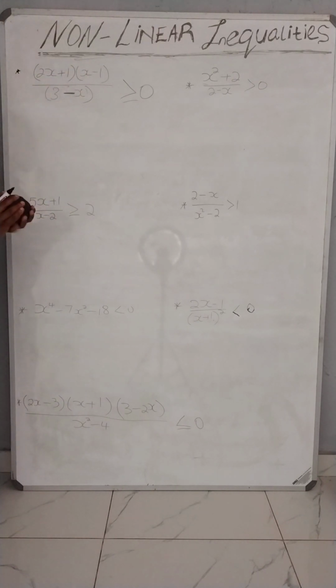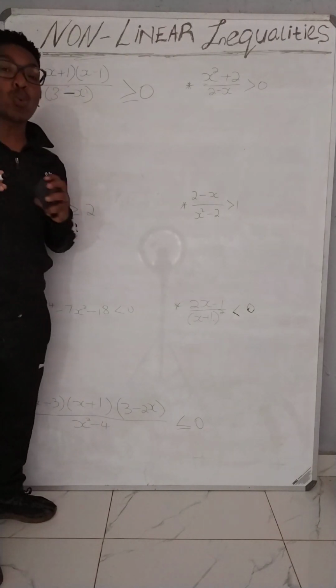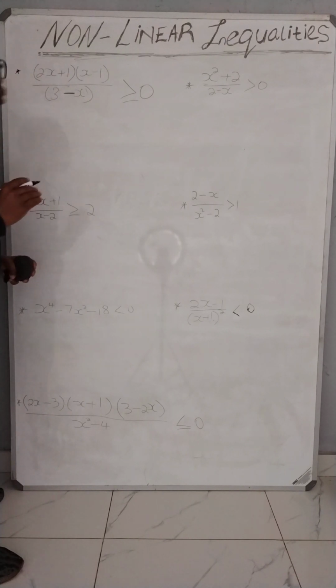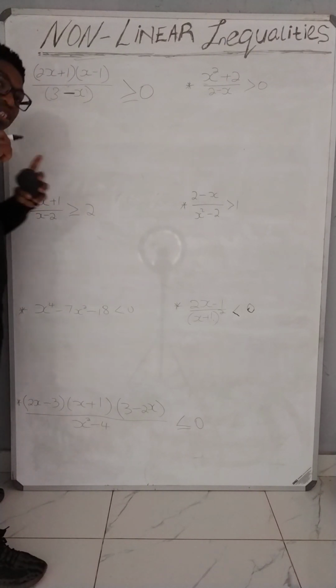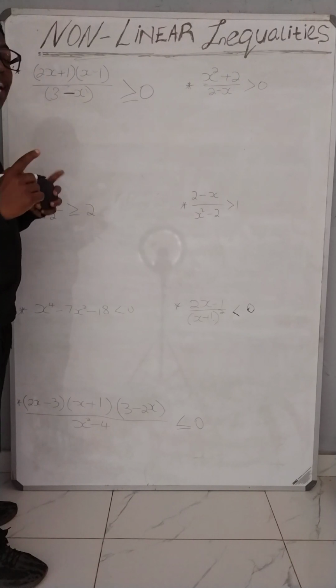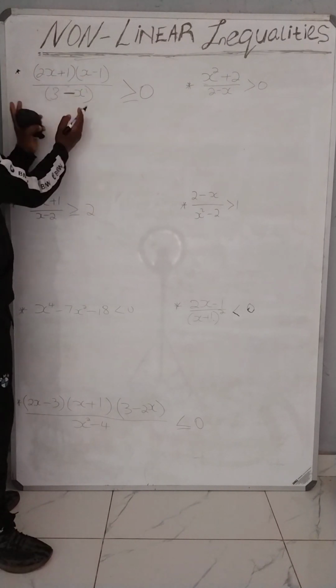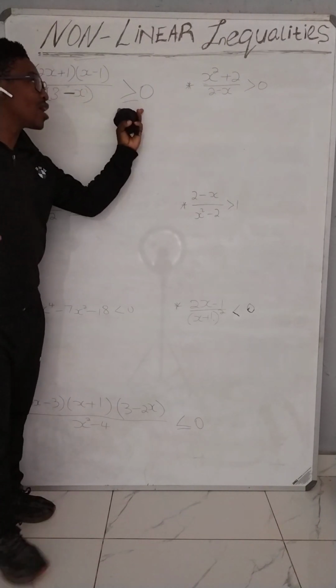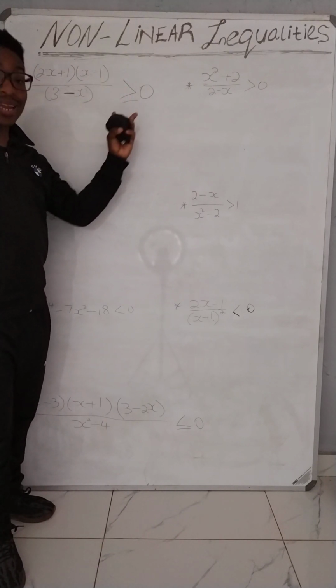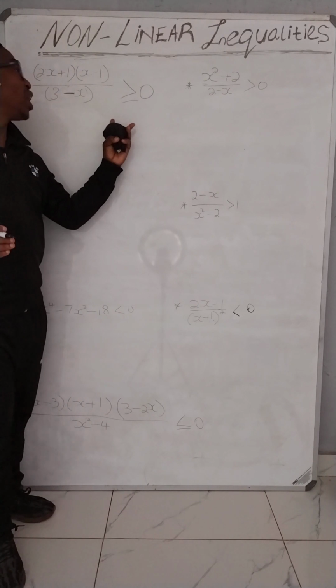When I talk of factors, that is what I'm referring to. Then we test our factors, not the expression. For which values of x are our factors satisfying the sign, the greater than or equal to or the less than, whatever sign we have?